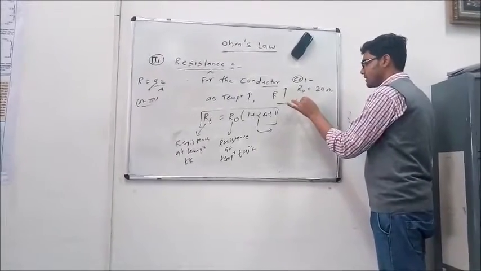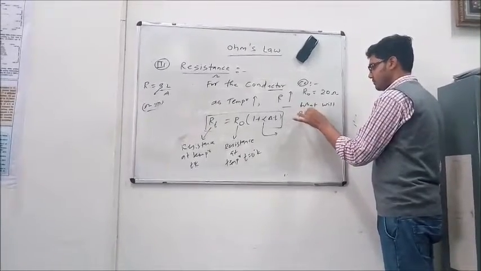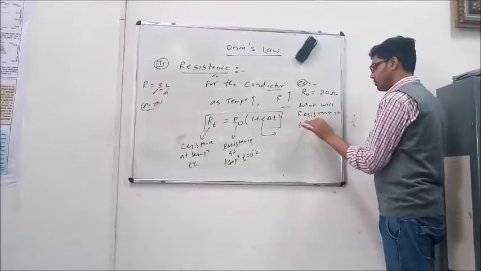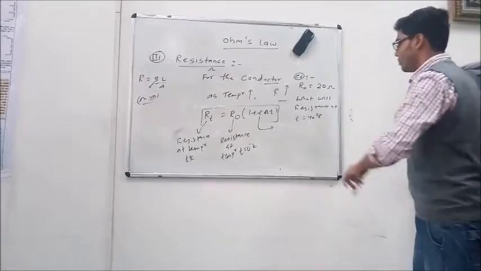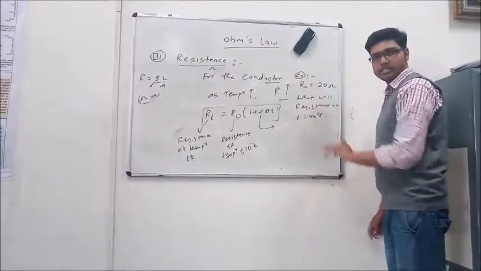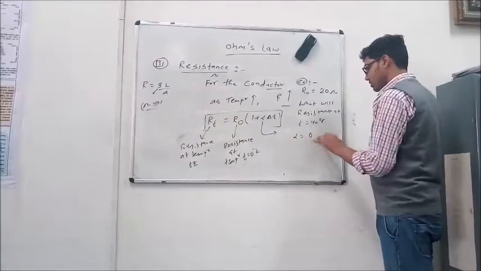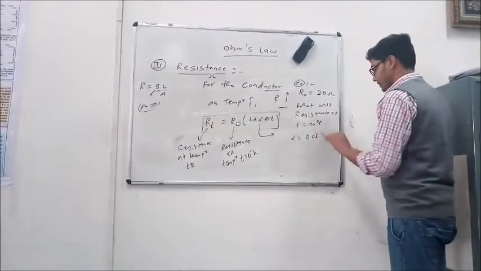What will be the resistance at T equal to 40 Kelvin? And suppose for this problem we take alpha equal to 0.01 per Kelvin.